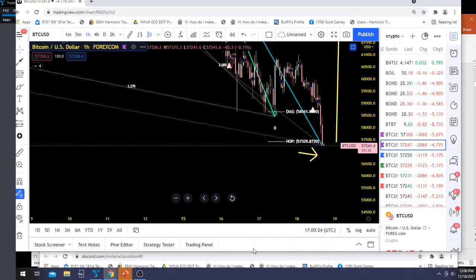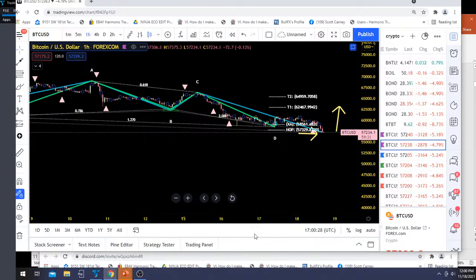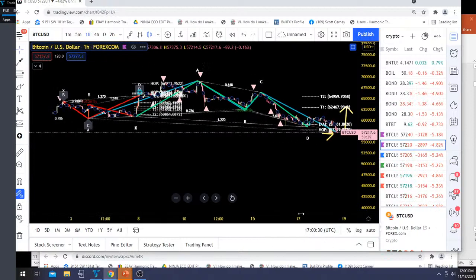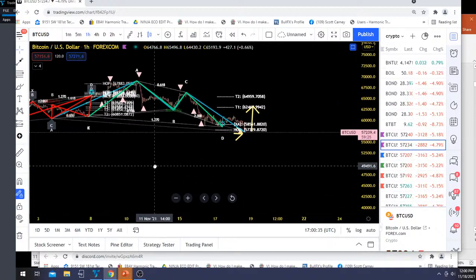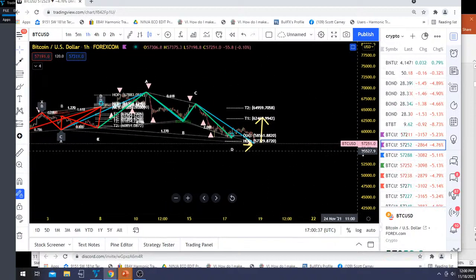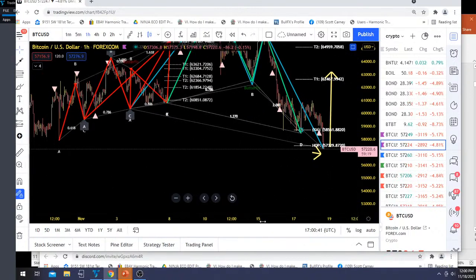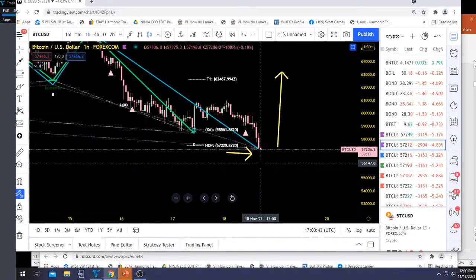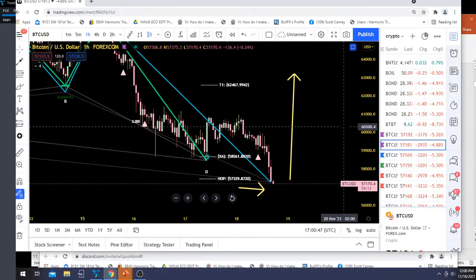Interesting. We're tracing out a potential pattern now. What's that off the top? Looks like just that larger ABCD. Yeah, I'm going to stay right there. Let's give it another minute or two, and then I'll check out. But boy, 57,000 is it.